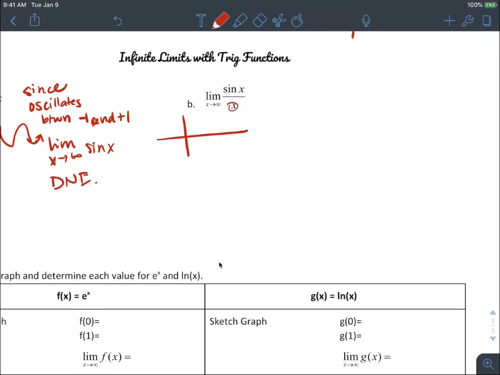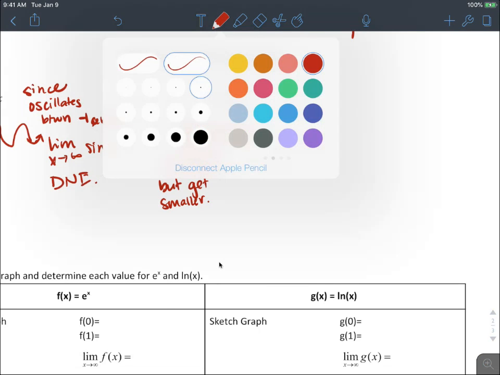When I graph this on my calculator, it looks something like this. You can see that it oscillates but gets smaller. It actually is going to oscillate and get smaller towards 0. So we're going to prove that this works really quick using the squeeze theorem.